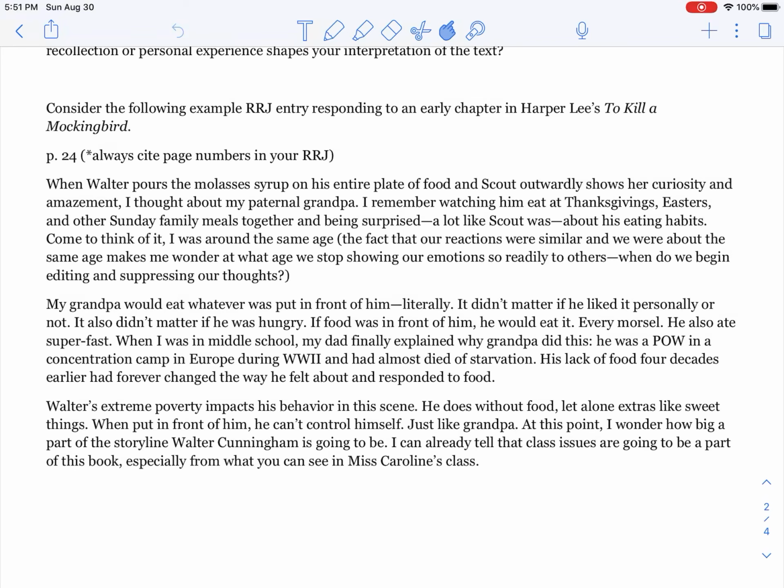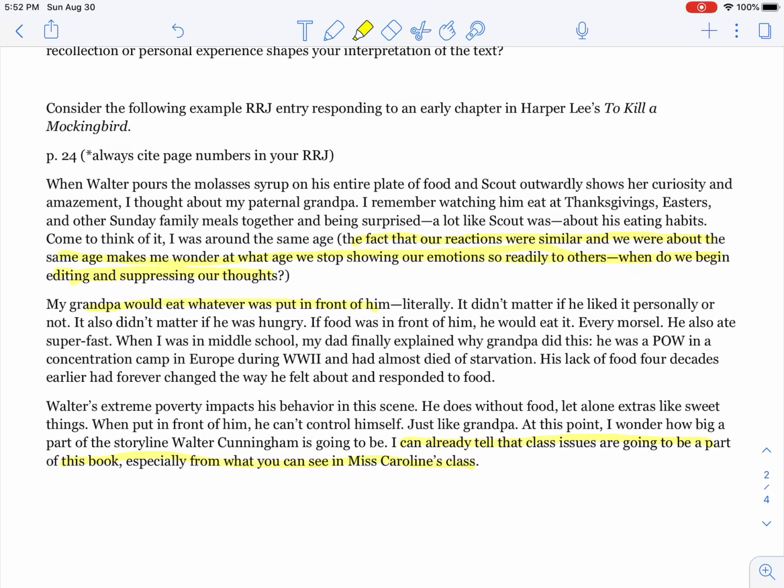So within this, I did a couple of things. I'm making a prediction right here. Earlier, I posed the question, I wonder at what age we stop saying out loud what we are thinking. And I make a connection to my grandpa.